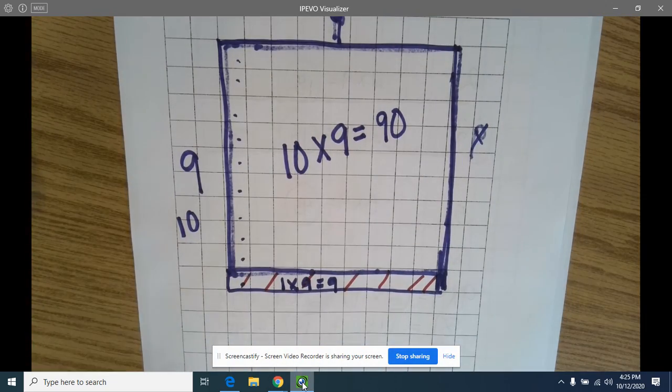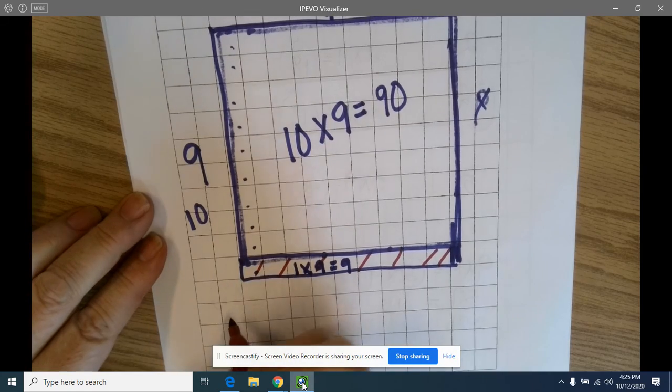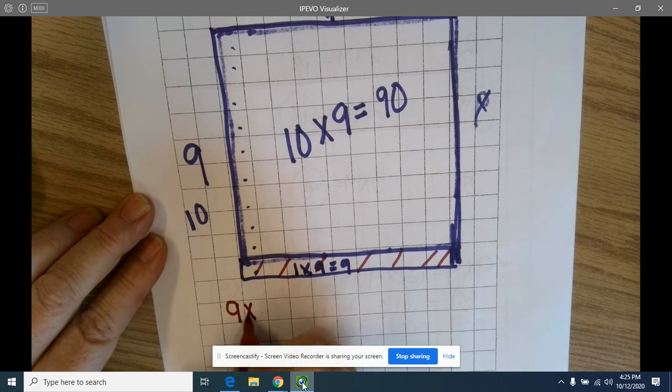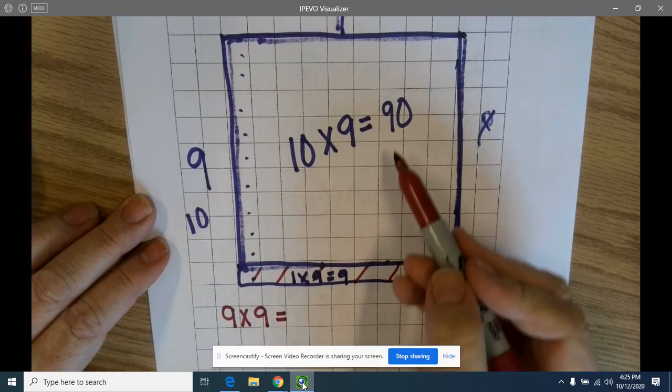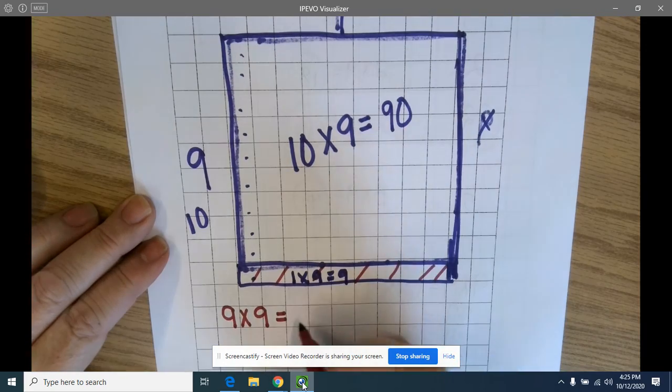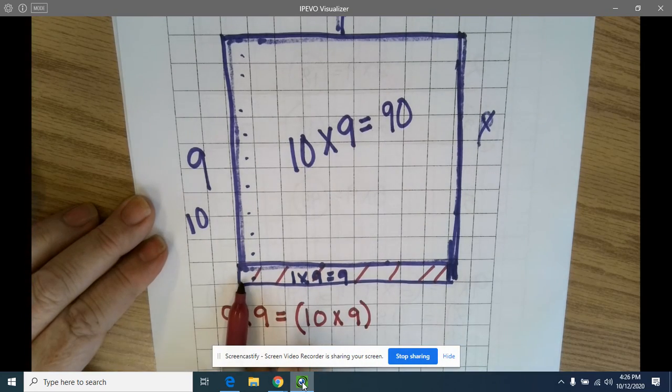What does that look like when we write our equations? 9 times 9 is the same value as, what did we do first? We took our 10 times 9. And what did we do second?